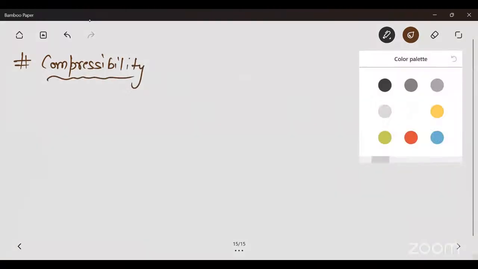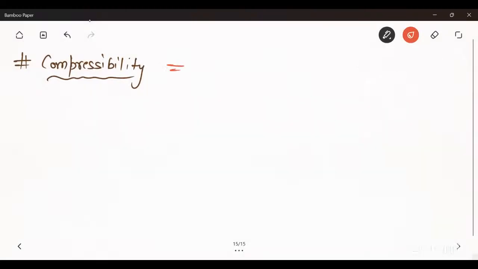Now one more topic is here, compressibility. Compressibility is defined as the reciprocal of bulk modulus of elasticity.